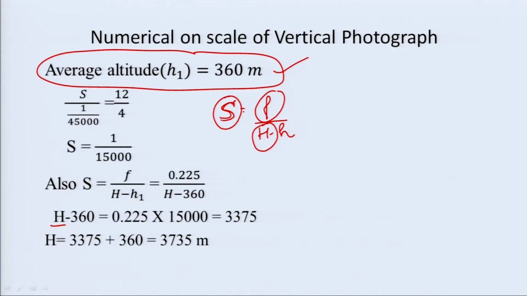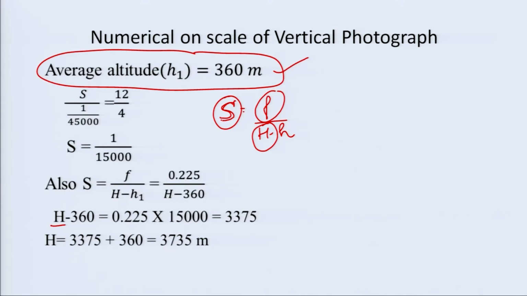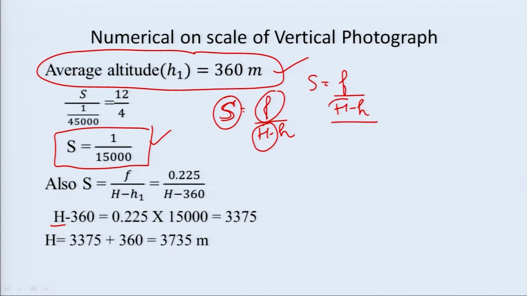In order to calculate the scale of a photograph, we use the formula we discussed earlier, that is photo scale upon map scale is equal to photo distance of line PQ upon map distance of line PQ. By using that formula, we get the value of the scale, that is 1 by 15,000, and by using this scale in the formula s is equal to f upon (H minus h), we can calculate the height.